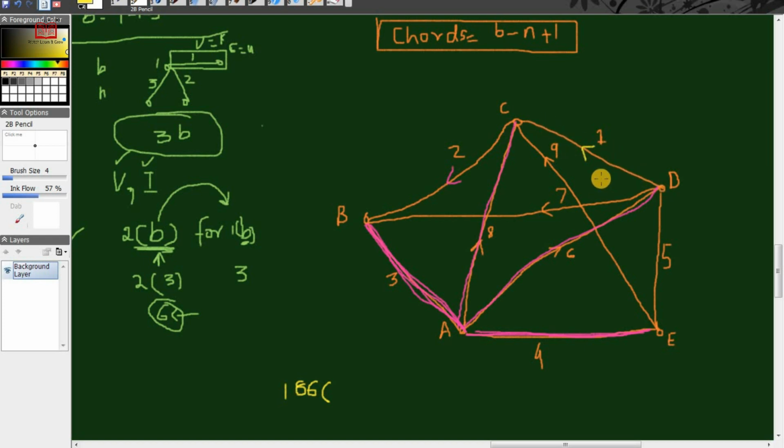So this is the direction of the current according to the first loop. Got it? This loop 186 has a current which I call the loop current IA. For example, you can also call this loop 1, but I call it loop 186.